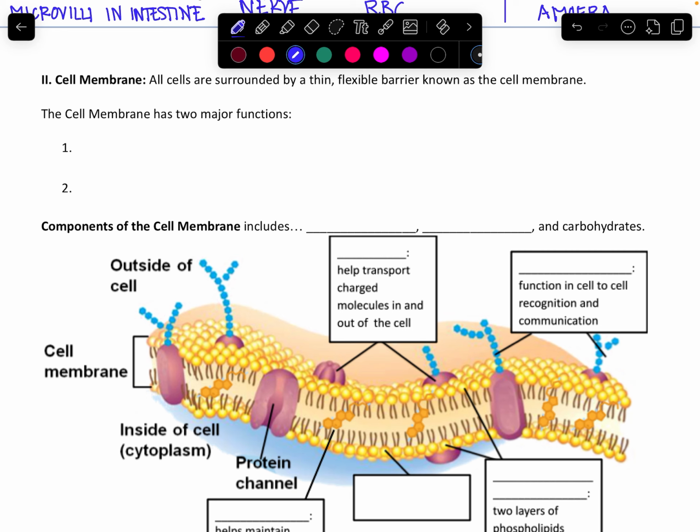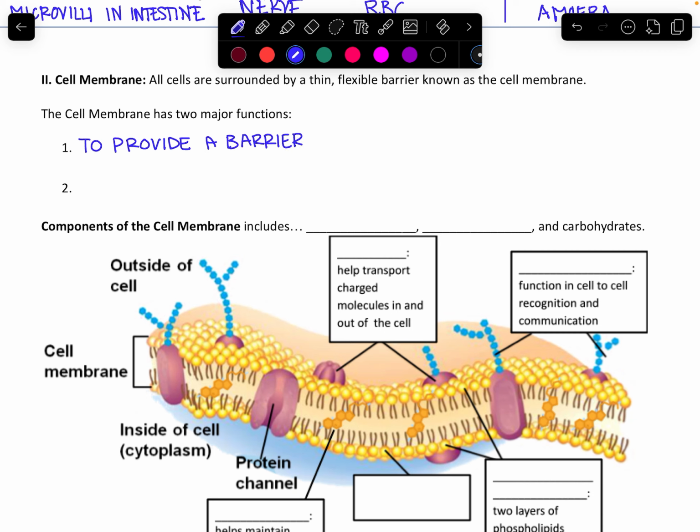Okay, so I know you guys have spent the last couple of days looking a lot at the cell membrane, at its structure, at its function, but I just want to make sure that we go over these things really quickly as well. Okay, so we already know this. All cells are surrounded by a thin and flexible barrier that we call the cell membrane or the plasma membrane, and this membrane has two major functions. The first function is to provide a barrier that really is there to separate the inside and the outside of the cell.